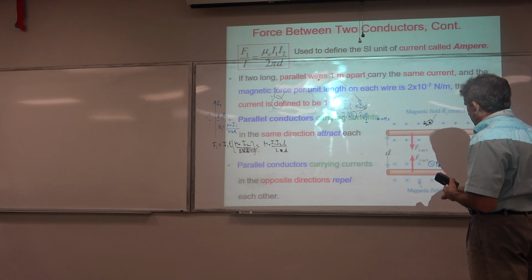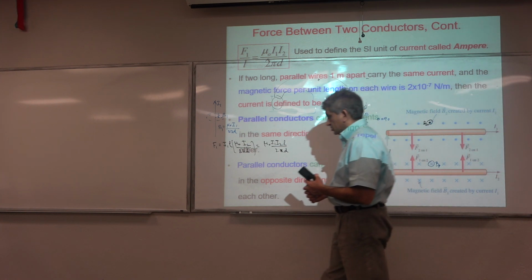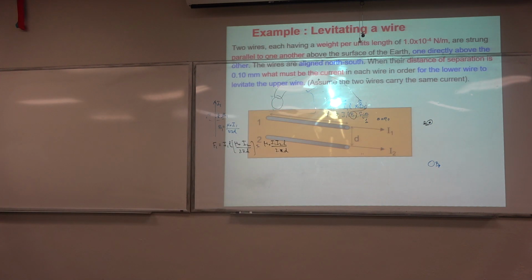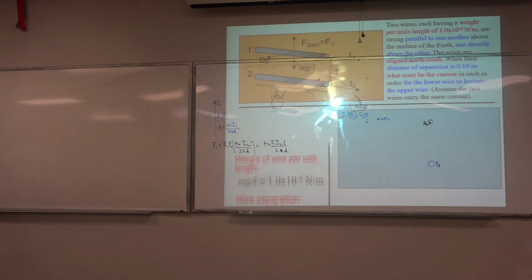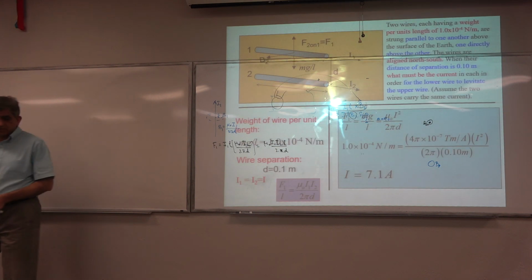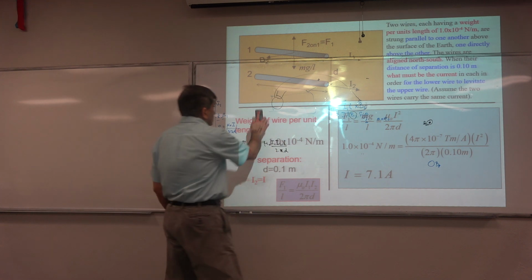So these forces are attractive forces. Now let's go further. I want to talk about the force per unit length, and then finding the current between the two current carrying wires, carrying current in the same direction.